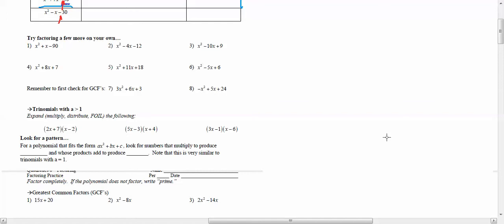What I mean by guess and check is you make your two parentheses and then you guess what you think the number should go in there using educated guesses, and then you just FOIL it out and see if you got the right answer. What I mean by that is this. On every single one of these problems, we've had an x squared plus some number times x plus some number, or it could be minus some number times x.